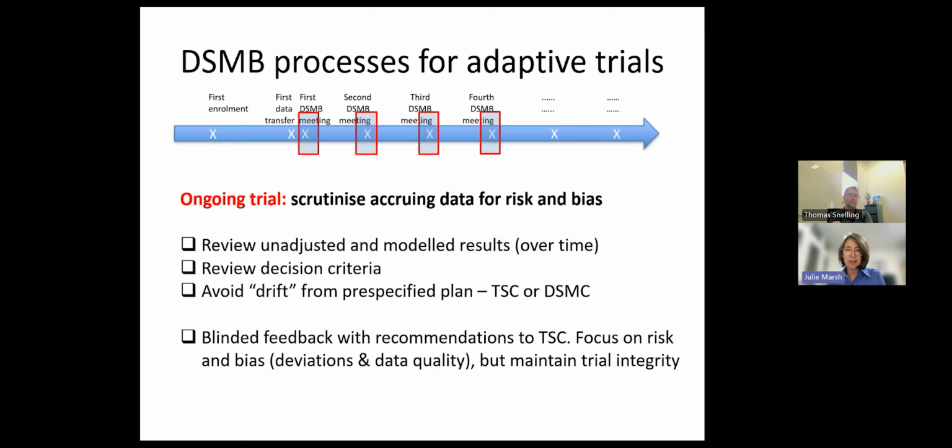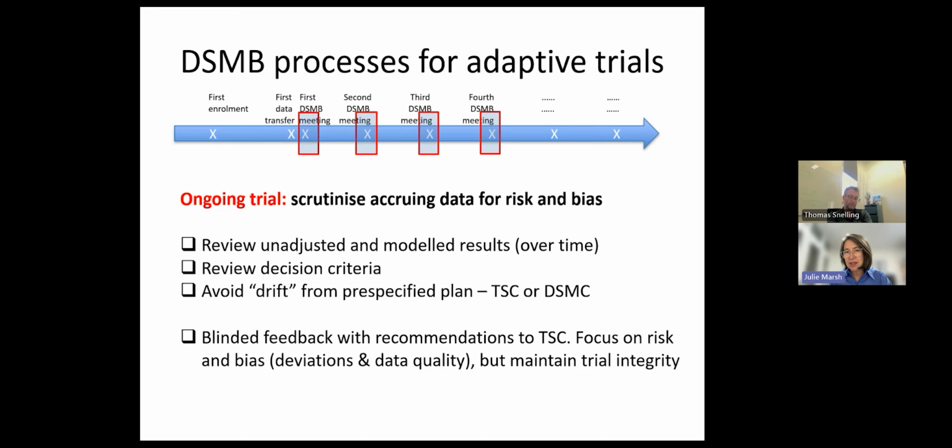Indeed, if you include those decision criteria, you may find that they fluctuate slightly above and below that threshold for a while. So there is a time epoch which is available on most of these platform trials. And so you should also look at the effect of the efficacy over time.